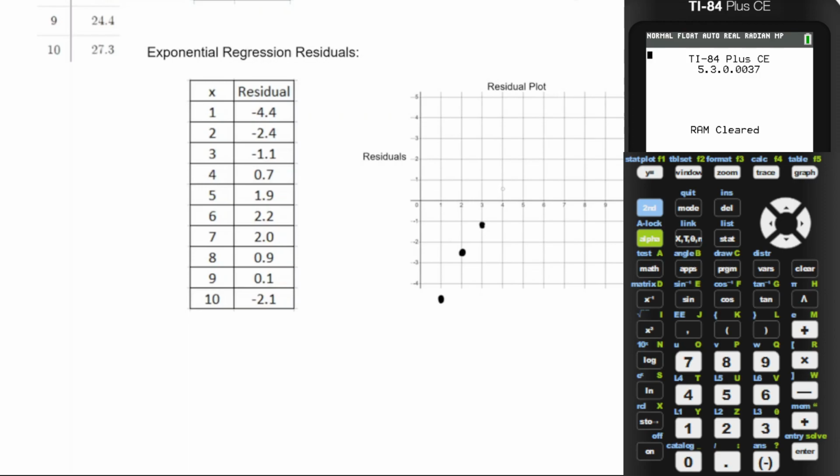Oh, yeah, I'm seeing kind of a pattern here. Positive 1.9, positive 2.2, 2.0, 0.9, 0.1, and negative 2.1. Yep, it's that up then down.